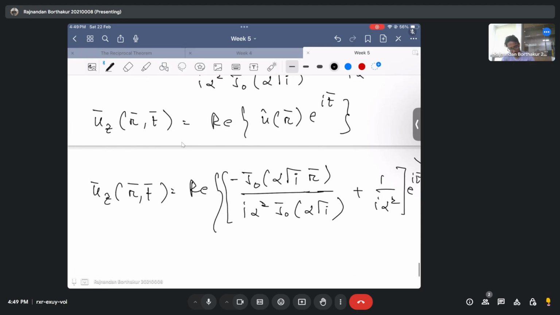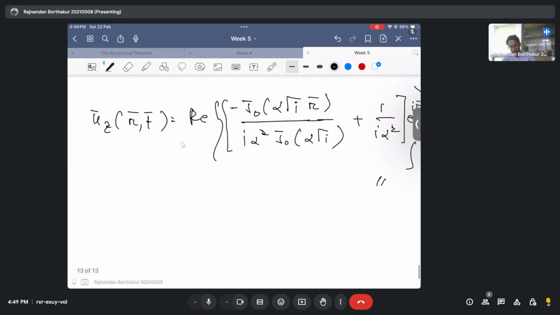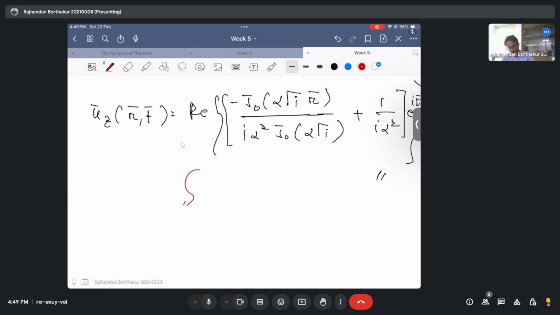Okay, that's it. So what you need to do is just evaluate this and then take the real part to get the complete velocity profile. So that's it, guys. That's the non-dimensional velocity profile.